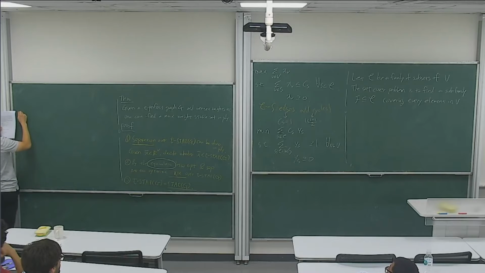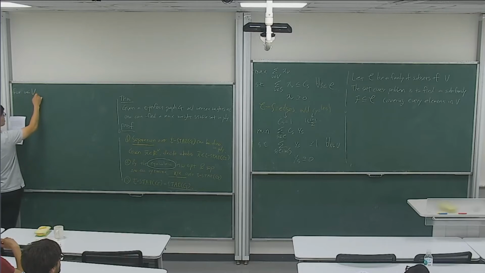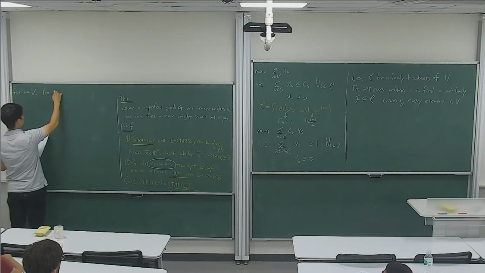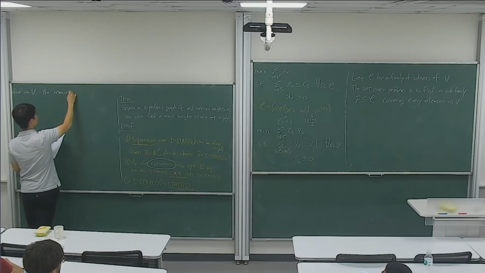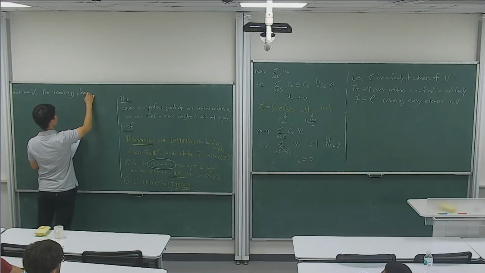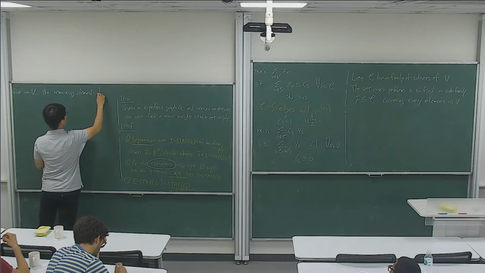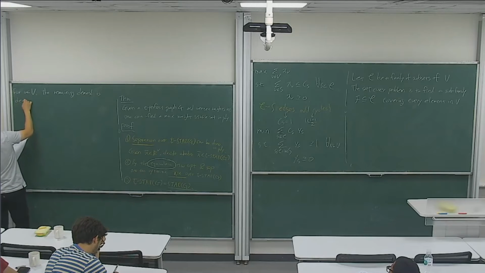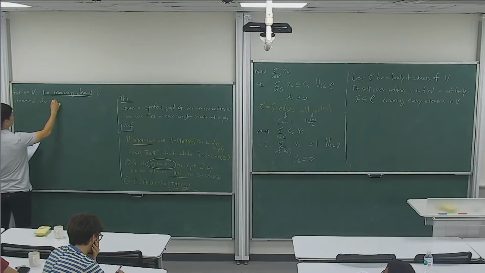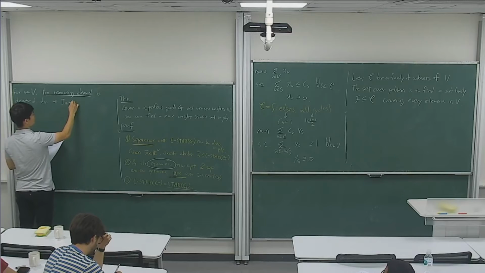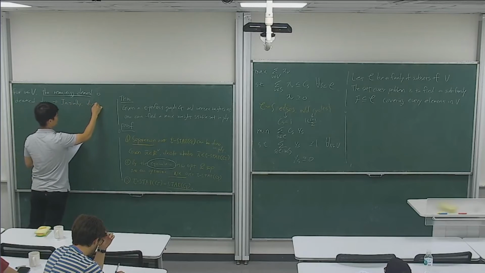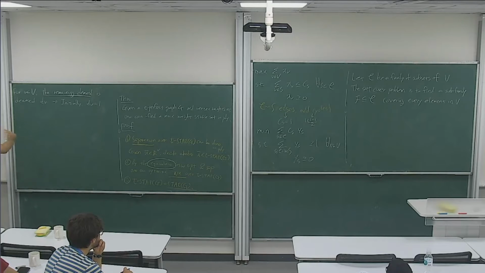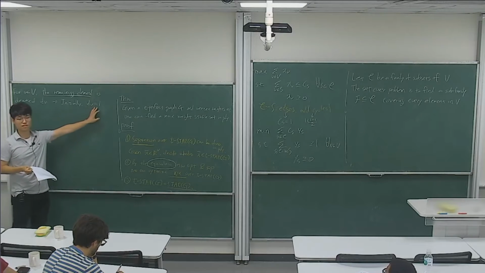For each element v in V, the remaining demand is denoted d_v. Initially, d_v is set to 1. As you start covering this vertex v, you will decrease this value to 0.